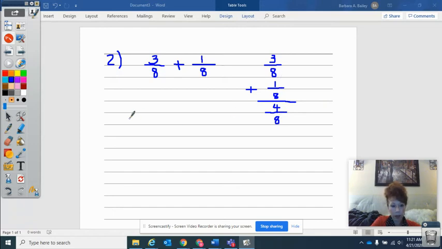Okay, I'm going to draw a little picture, and maybe this will make a little more sense. So here's my pizza. Oops, slightly deformed pizza. Let me fix that.